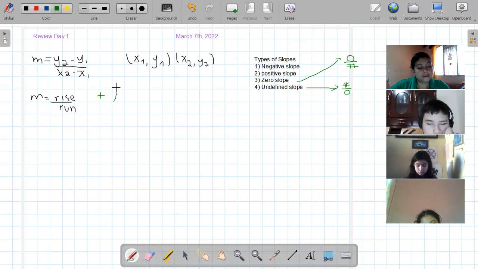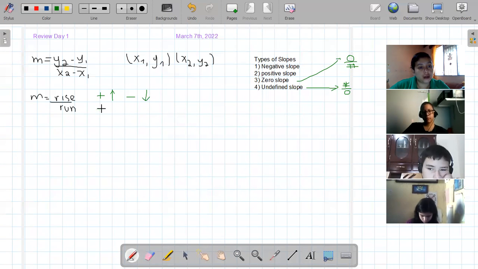Very good. And if it's negative, it goes down. Now the run, if the run is positive, so where does it go? Right, to the right. And if it's negative, to the left.